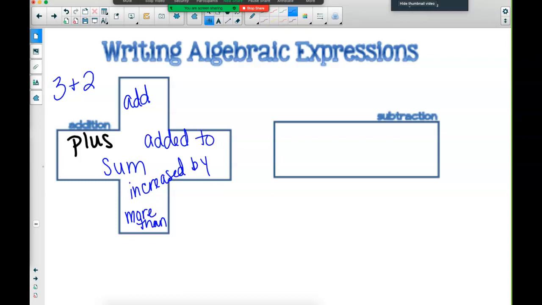Let's move on to subtraction. If we see a problem like 7 minus 5, how could we read that? What words would we use for subtraction? Minus is probably the easiest one. 7 minus 5.